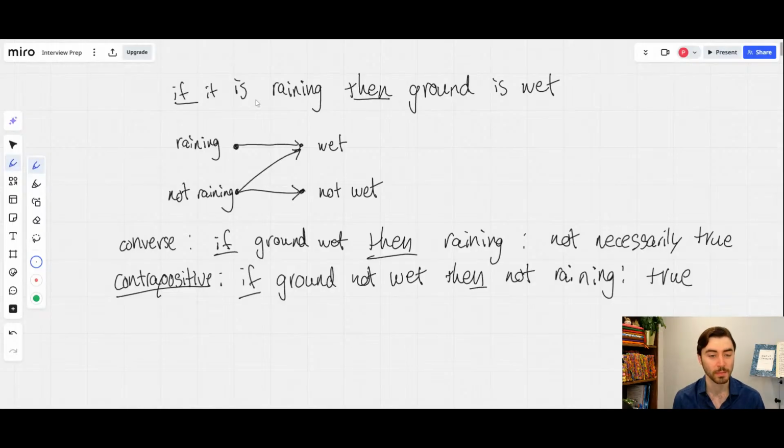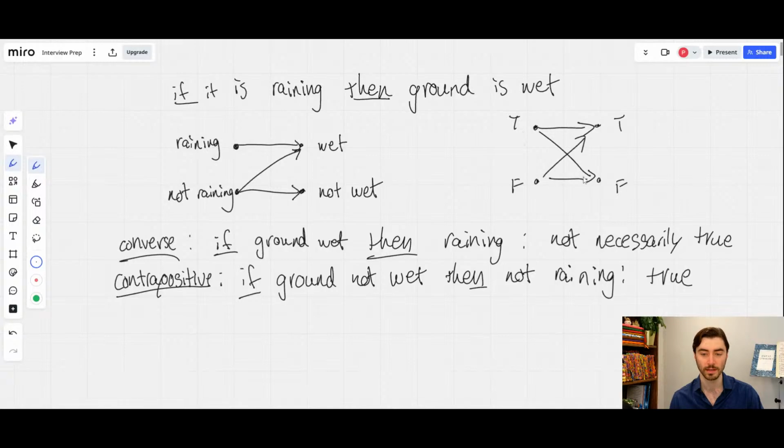So that's some of the theory, but let me use more of this mapping idea that I like to use just for my own brain. A general mapping would have a true-false relationship going to the true-false relationship on either side. So a general mapping would have all of these. But what this is saying is if it is raining, then the ground is wet.